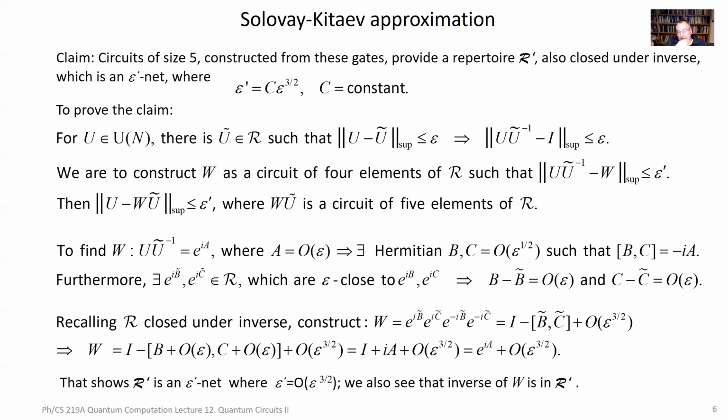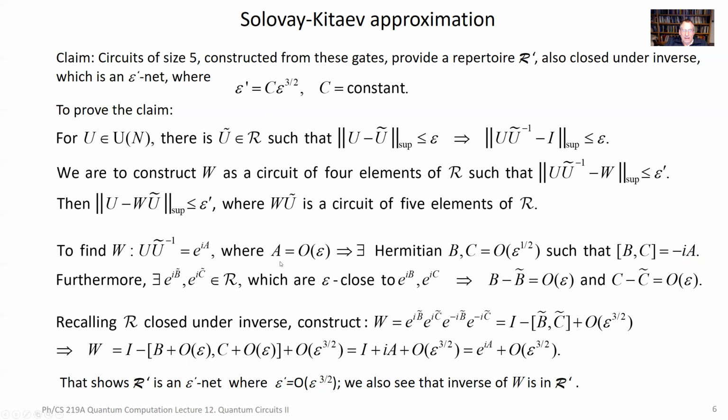Now, one thing's for sure, for any A which is order epsilon, I can find, maybe I have a lookup table for this, a pair of Hermitian operators, which are both of size epsilon to the 1/2, such that their commutator is equal to minus iA.